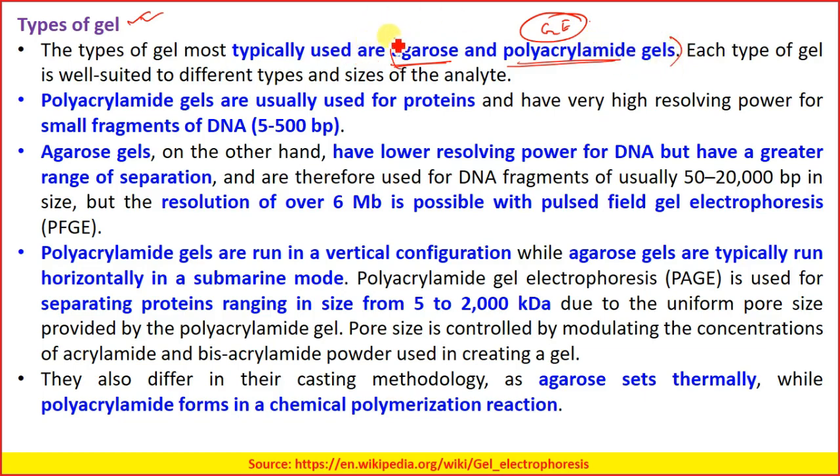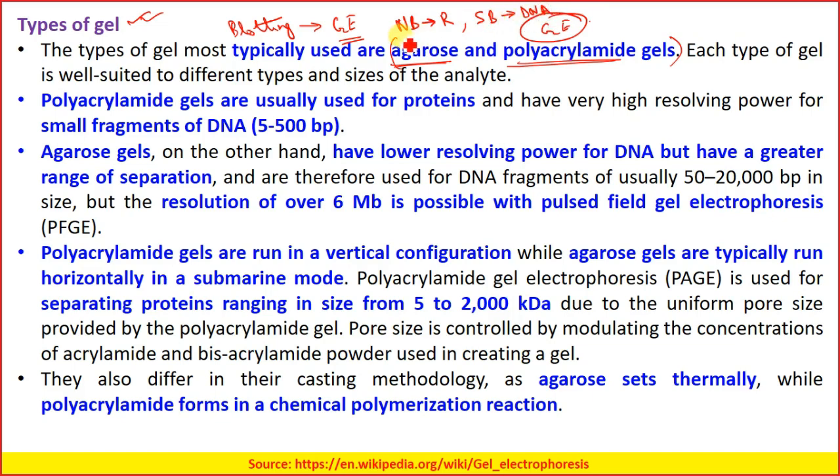Another important thing I would like to mention is that when we talk about the blotting techniques, the primary step in the blotting technique is to run a gel. That means we need to perform gel electrophoresis. If we are performing northern blotting, that is for RNA. If it is southern blotting, it is for DNA.